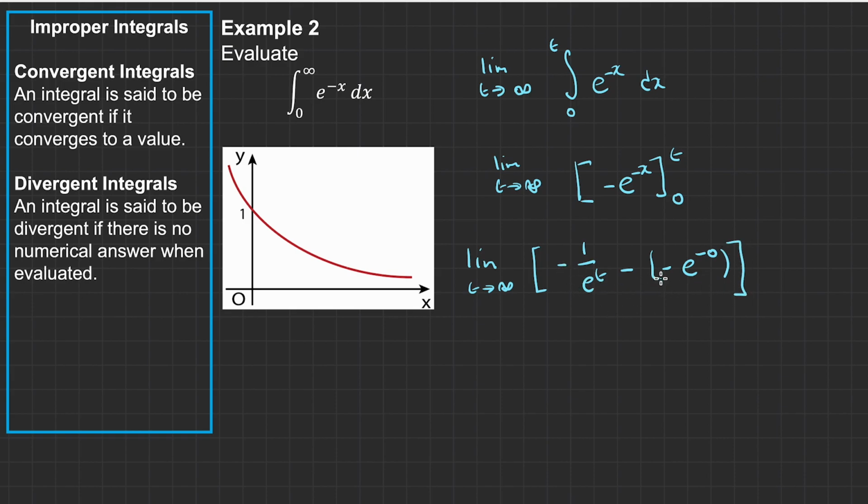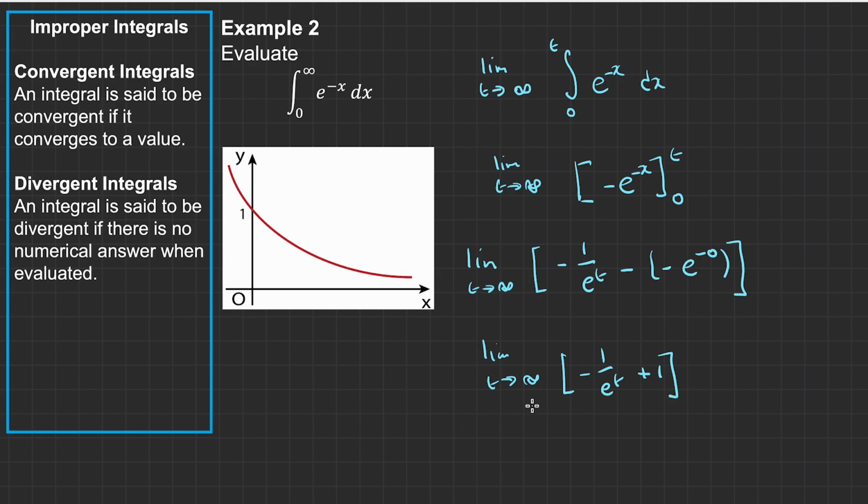And we can simplify this as the limit as t tends to infinity of -1 over e to the t, and then e to the 0 becomes 1, so this becomes -1, and subtracting a -1 becomes a +1.